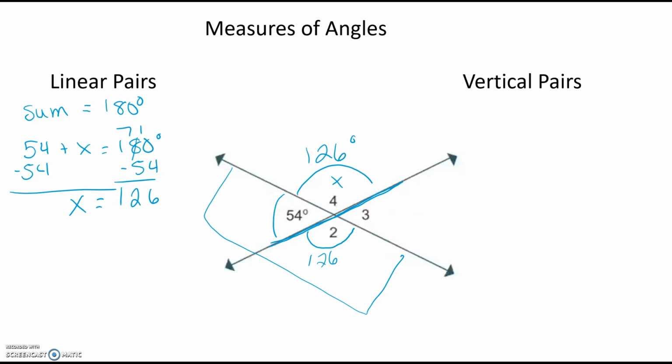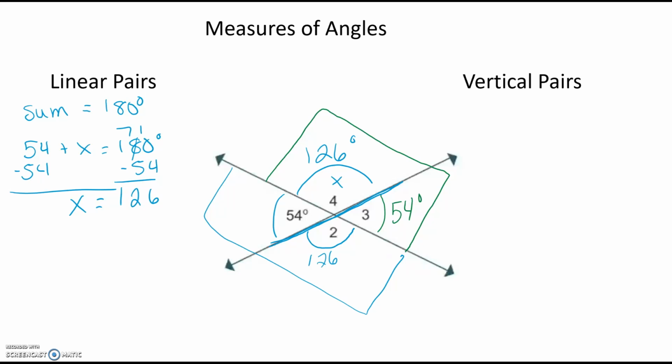If I figured out that angle 4 is 126, and I want to look at the angles above my line, angles 3 and 4, I could use exactly the same process, and I could figure out that this angle right here is 54 degrees, because 180 minus 126 gives me 54.